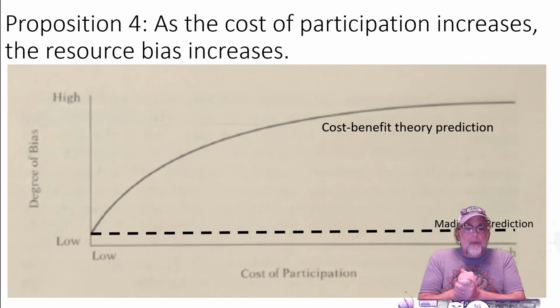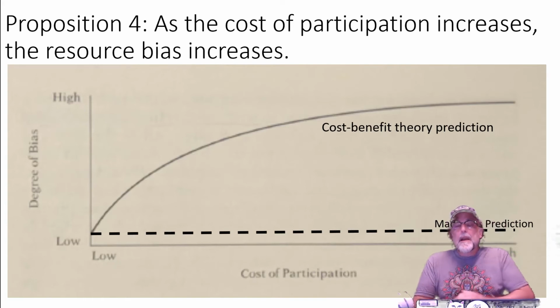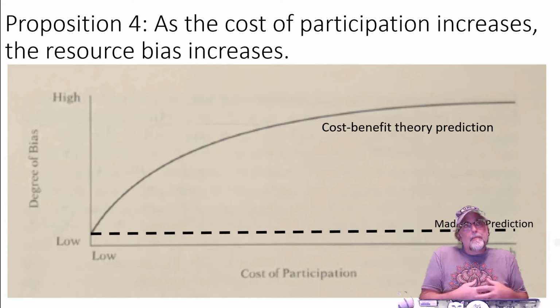Where the rubber hits the road, as I've said, is proposition number 4. As the cost of participation increases, the resource bias increases. As the cost of participation increases, people with fewer resources are less likely to get involved.